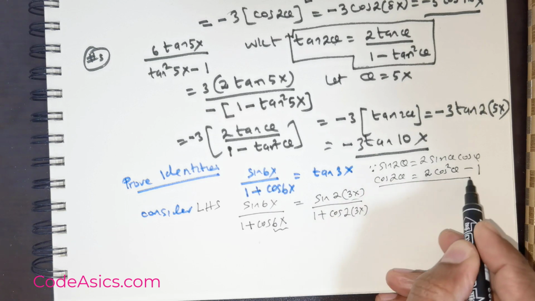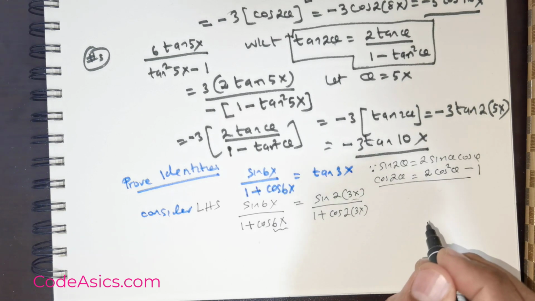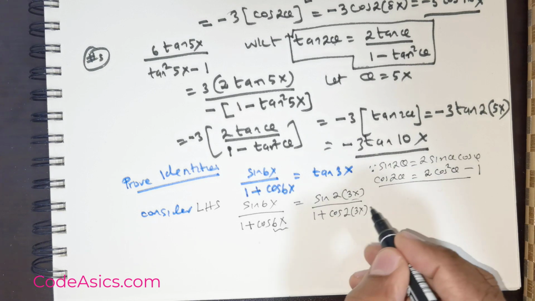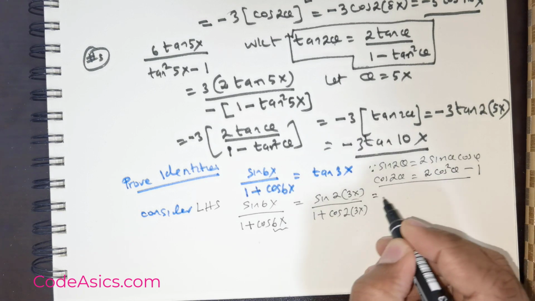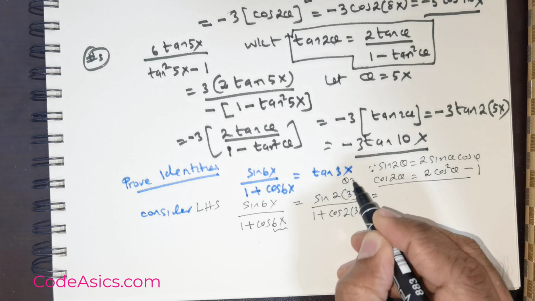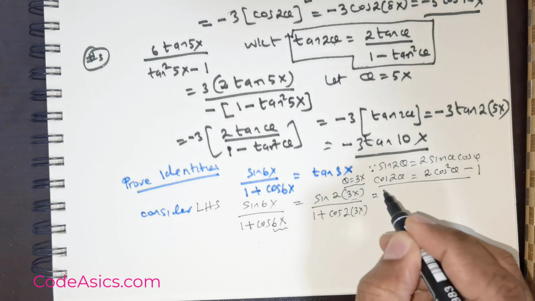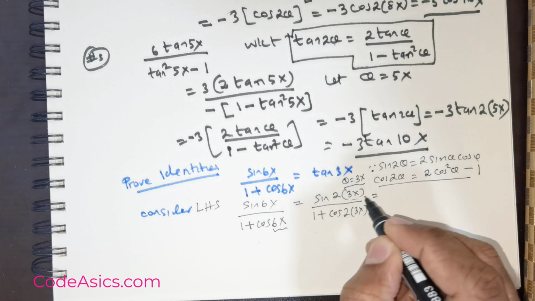I am specifically using this formula for cos 2 theta. So if I were to substitute them, assume that theta is taken to be 3x, right? So visualizing that, write the formula.